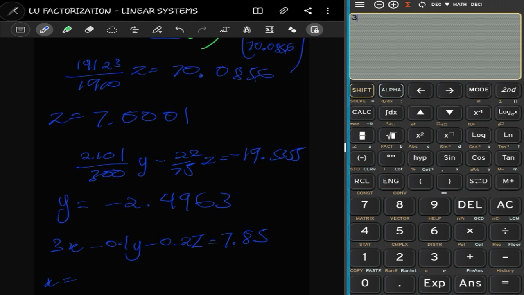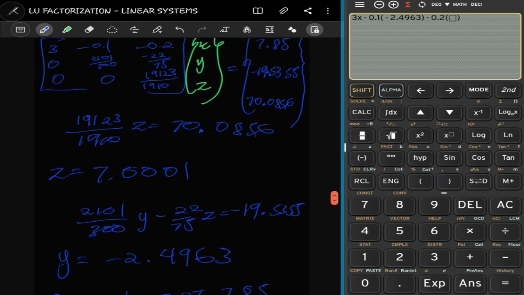So I have 3x, trying to find that, minus 0.1 y. I have my y to be minus 2.4963, right? Then I have minus 0.2 z.